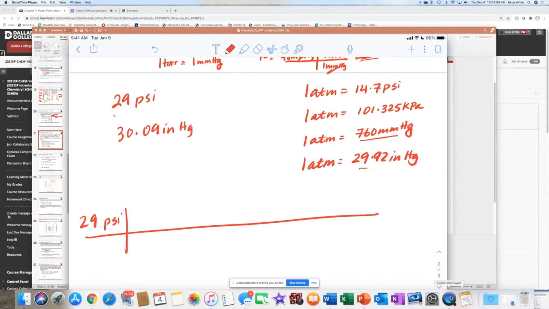Okay, so you find the conversion that has psi in it, right? That will be this first one. Put 14.7 psi. Remember, these two have to go to kilopascals. 14.7 psi, and then 1 atmosphere right there. Psi cancel. We're not at kilopascals yet.